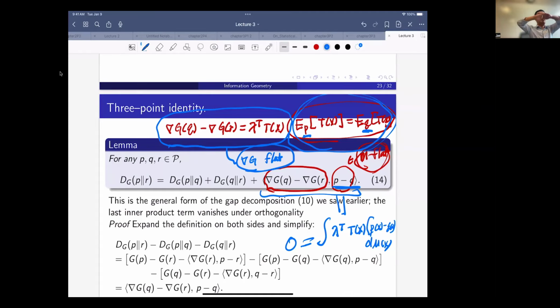Given the M flat constraint, we need to determine the solution path that satisfies orthogonality in terms of the Bregman divergence measure, with generator G. So this is the condition, and this gives you a solution path. That is basically the key idea.